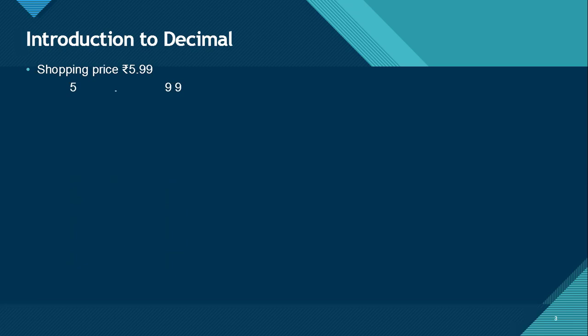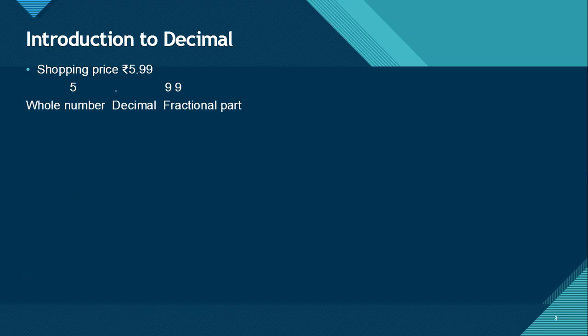Again I'm telling you, this is 5.99. So this 5 is a whole number, this dot shows the decimal, and this 99 is the decimal fraction or decimal number. So here is the difference between the fractional part and the whole number.